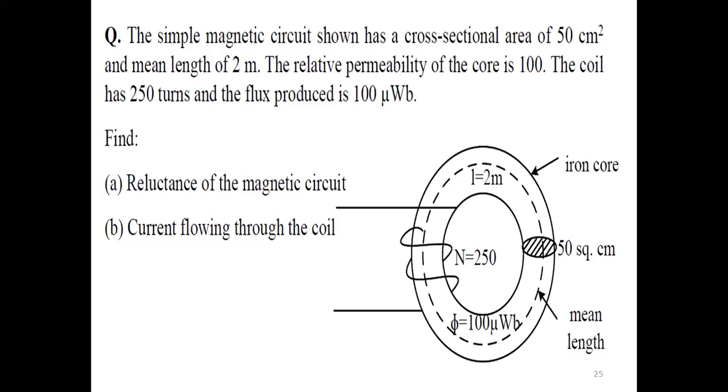Note down the question. A simple magnetic circuit shown has a cross-sectional area of 50 centimeter square and a mean length of 2 meters.